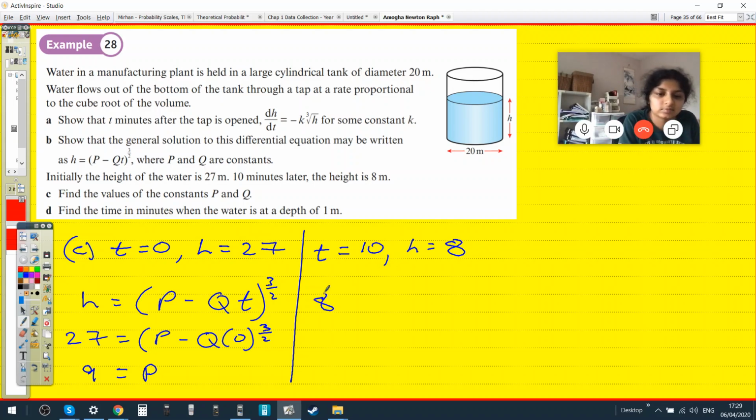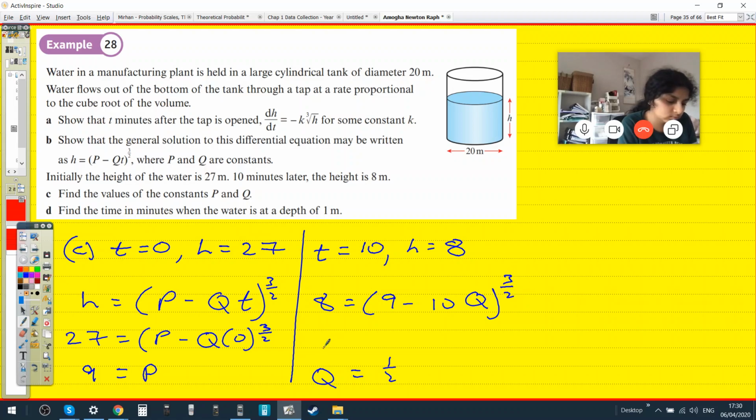What did you get? I got Q is equal to half. Q is equal to a half or 0.5. So H is 8, P is 9, T is 10, so 10Q, and that's to the 3 over 2.